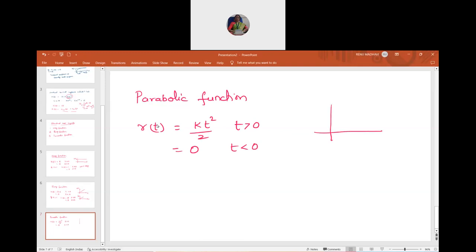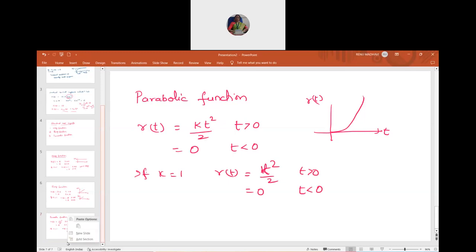If k is equal to 1, then r of t is equal to t square by 2 for t greater than 0 and equal to 0 for t less than 0. So these are the standard test signals.